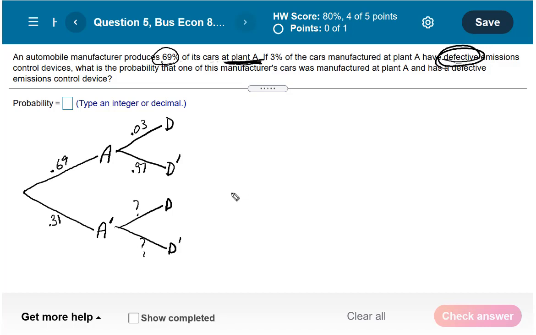The question is, what is the probability that a car came from plant A and has defective emissions? So that would be the branch that goes A, then D. We multiply along the branch.